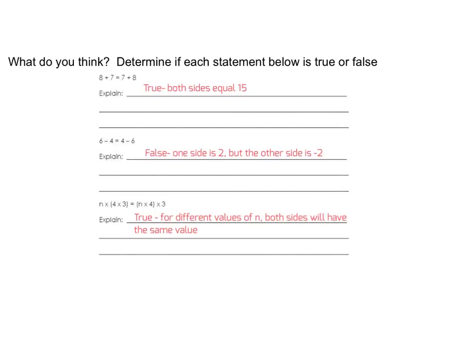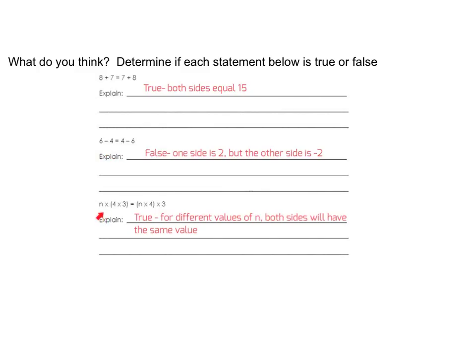If you started at 4 and went to the left, the negative direction, because it's minus 6, that would take you to negative 2 on the number line. So this one's false. These are not equivalent. It kind of works for addition, but it doesn't work when we use subtraction, and that's important to know.